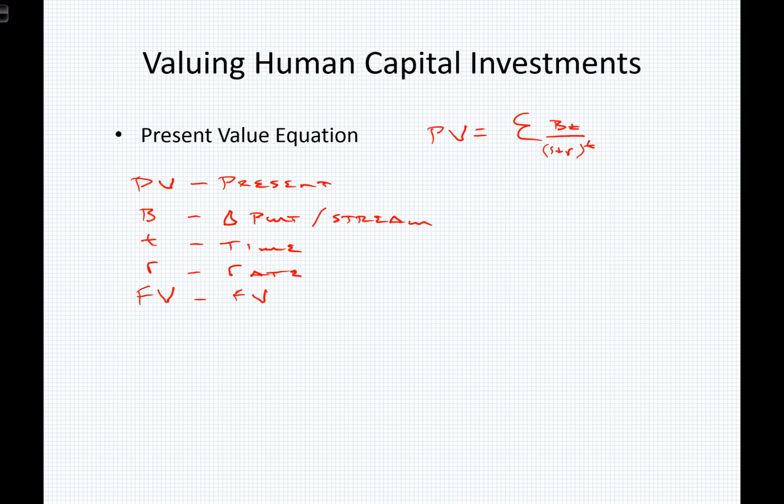There's a simple version of this, which is really just the same, slight difference, that is present value is equal to simply beta t over 1 plus r to the exponent of t. Well, as you can see here, since this is not a summation, this is a one-shot event.